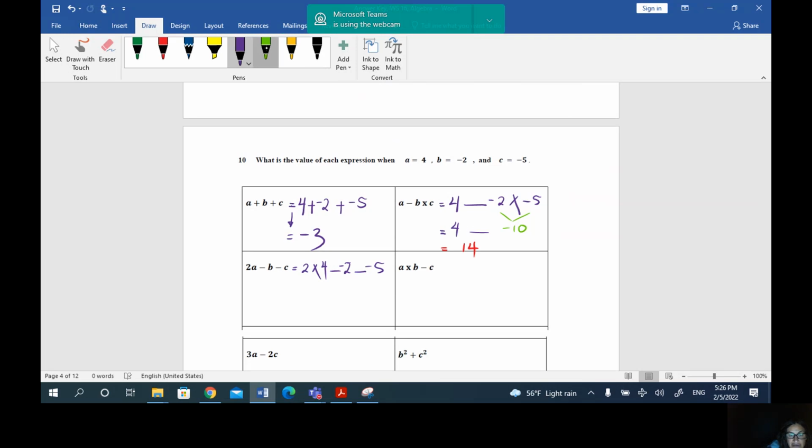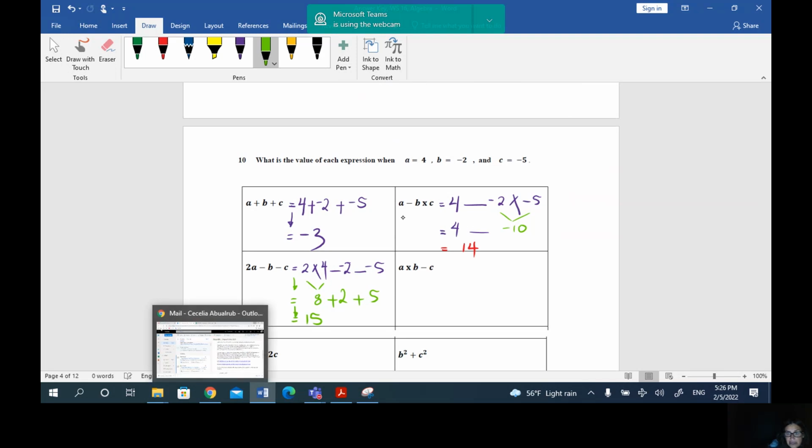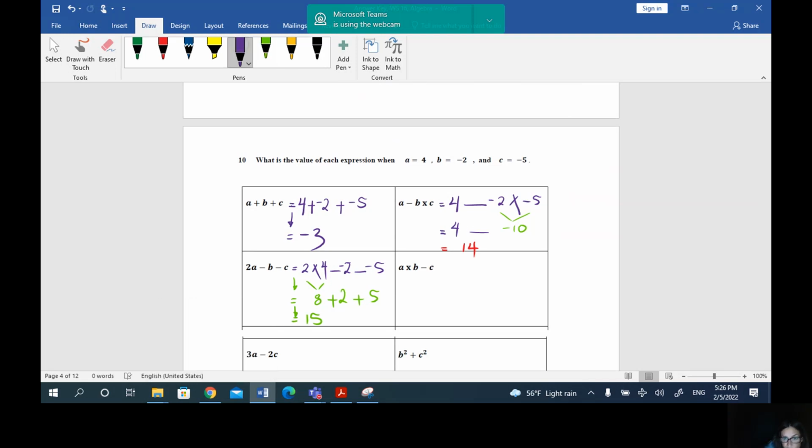Order of operation. So equal underneath the equal. 2 times 4 is 8. Minus minus 2 means plus 2. Minus minus 5 means plus 5. So 8 plus 2 is 10. 10 plus 5 is 15. Let's start with the fourth one.